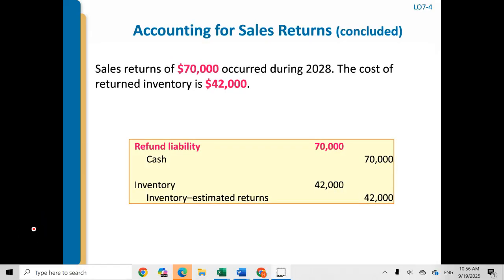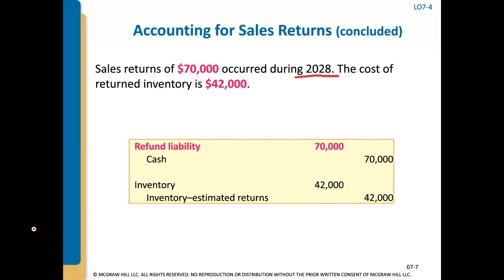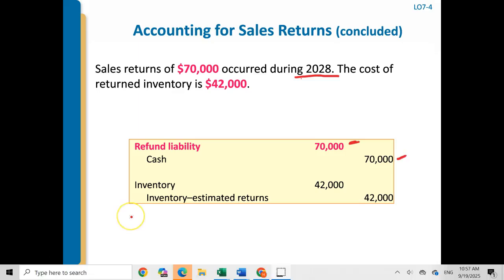Let's fast forward to 2028, and let's just say, yes, the entire $70,000 was returned. So we have this liability that we booked in 2027 called refund liability. We don't owe it anymore because we're paying out the cash for $70,000.